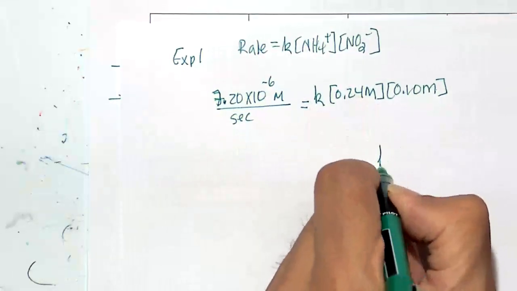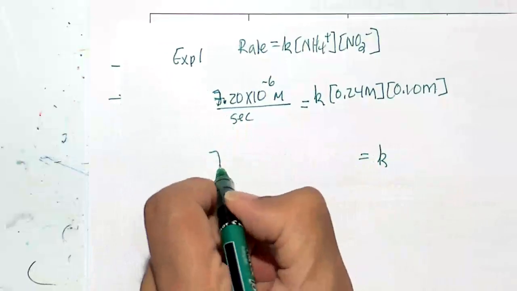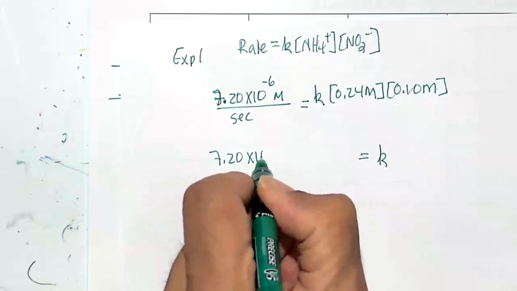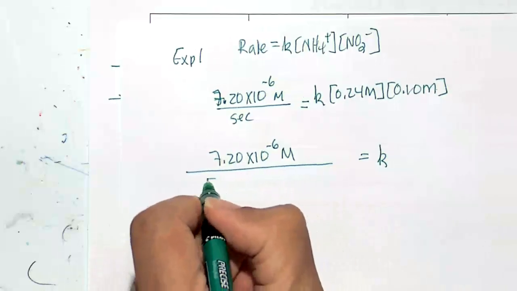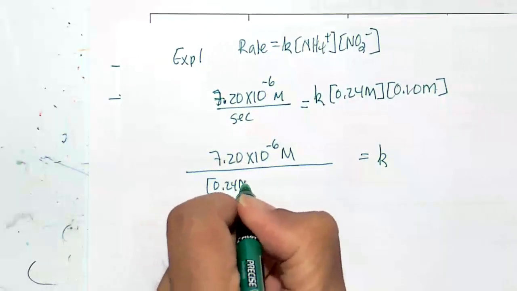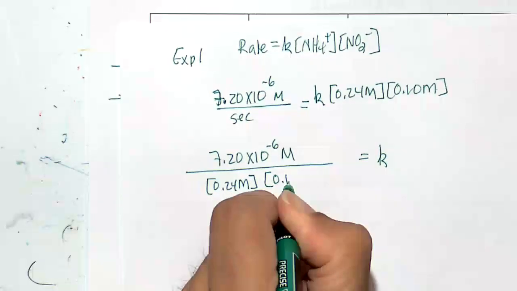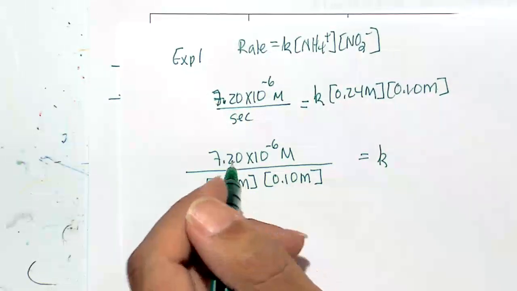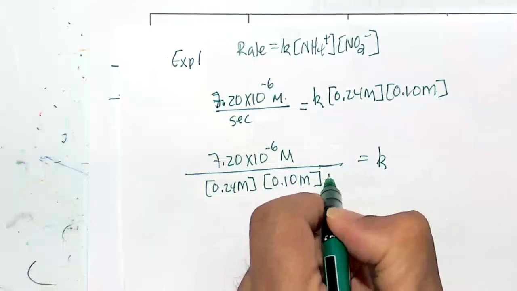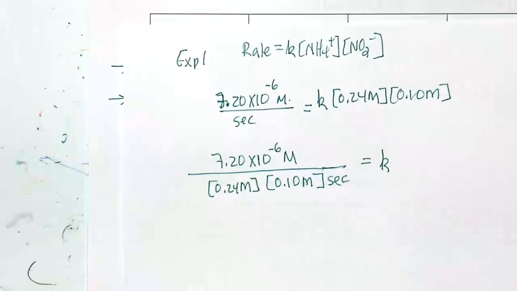All right, so K is going to equal 7.20 times 10 to the minus 6 molar divided by 0.24 M raised to the power of 1 times 0.10 M raised to the power of 1. And don't forget, it's molarity over seconds, so there's seconds in here.